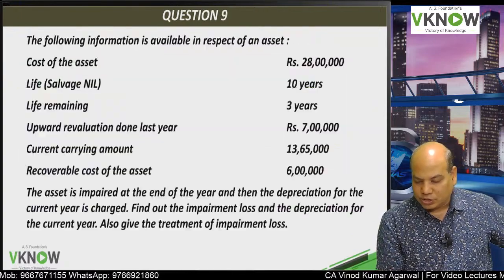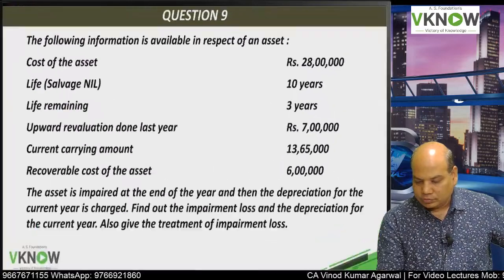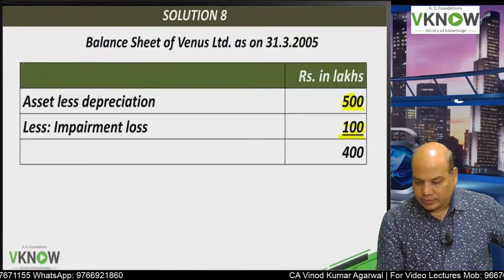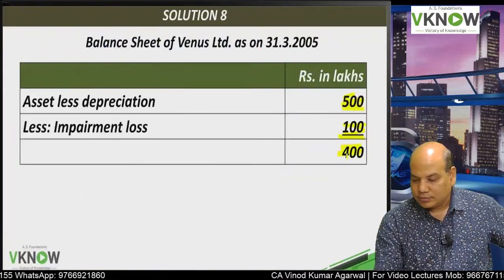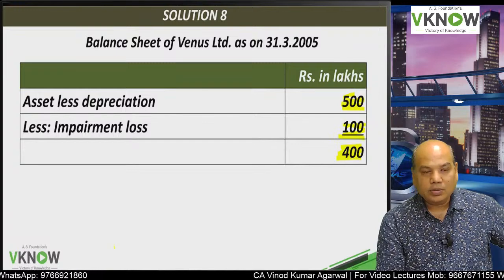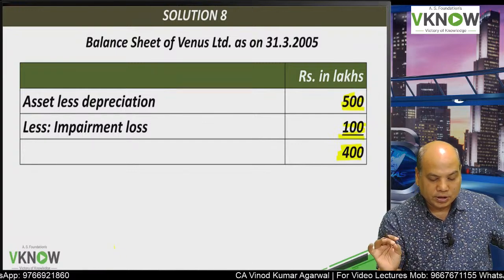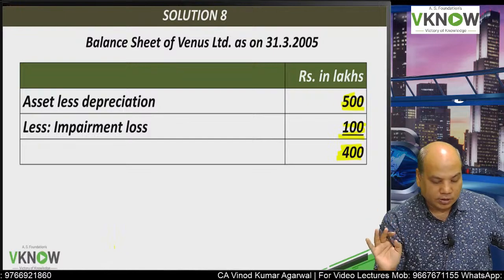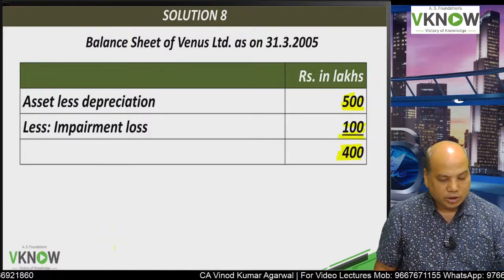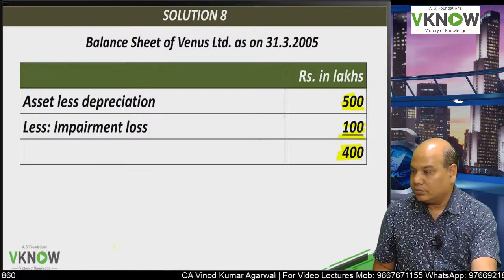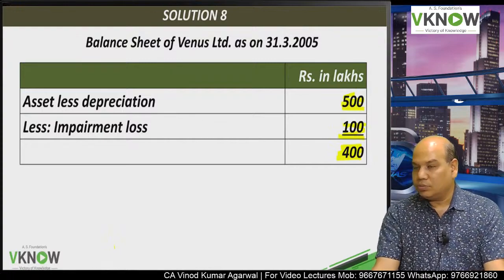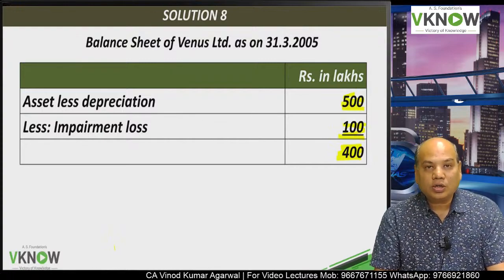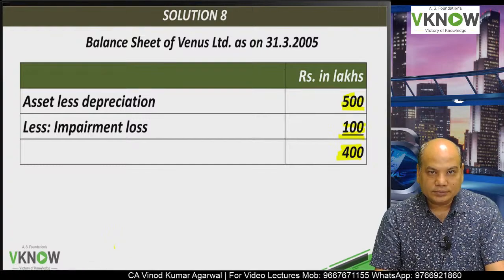Therefore, in the balance sheet, the answer would be 400. The carrying amount will be 400. So do this much in the exam, you will get 4 or 5 marks. These 3 questions that we have taken today were based on non-revalued asset.